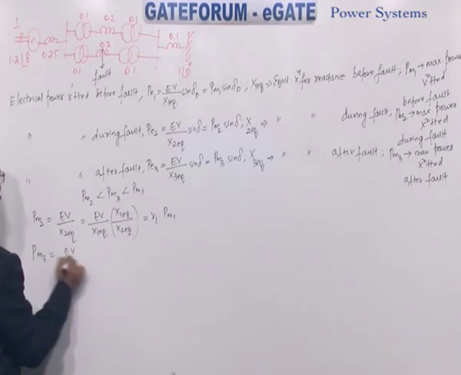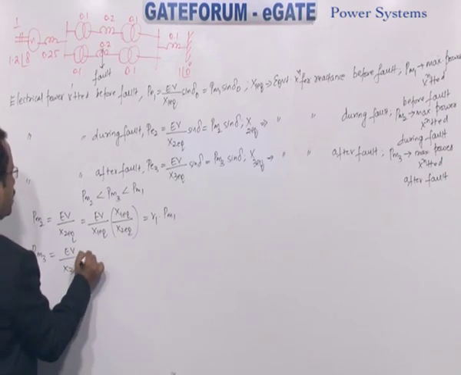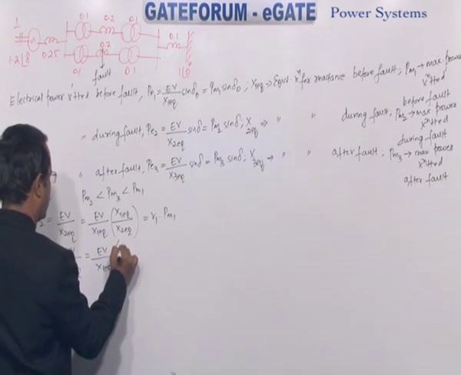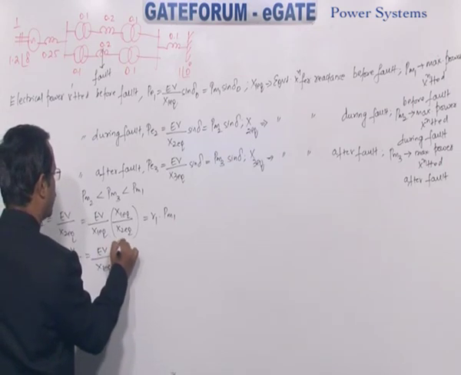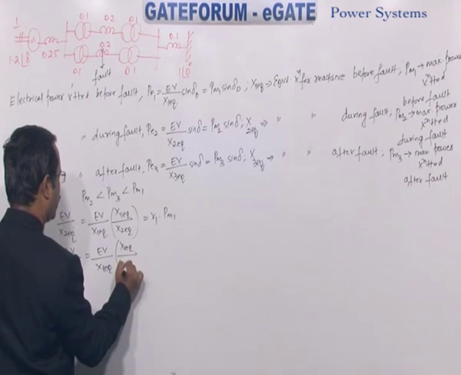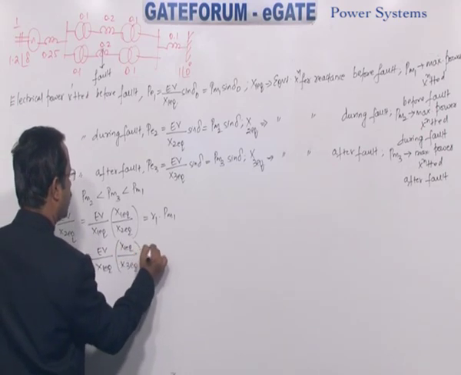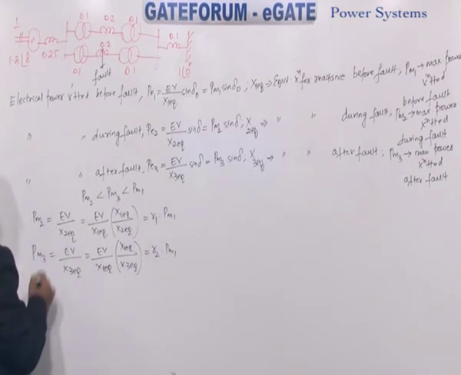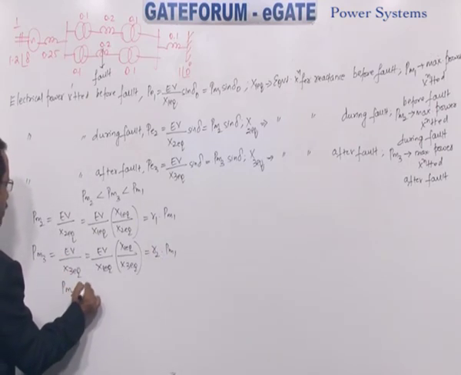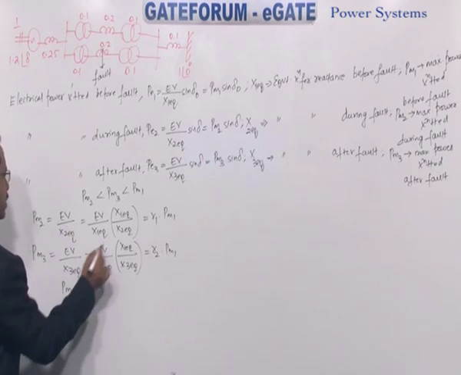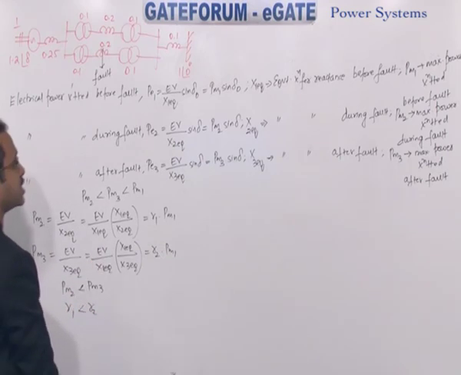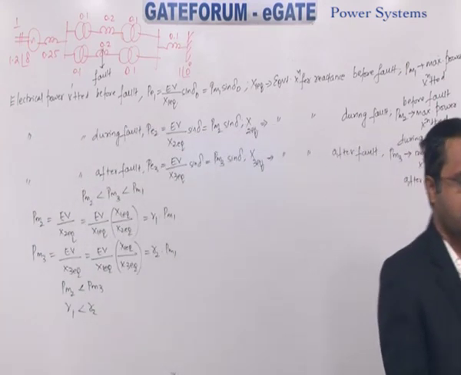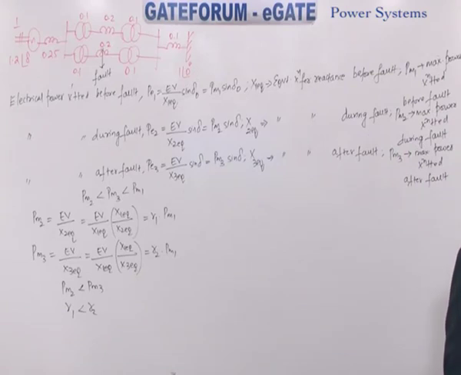Similarly PM3 is EV by X3 equivalent, a ratio R2 times PM1. Now you know that PM2 is less than PM3. On the same lines, R1 is less than R2.